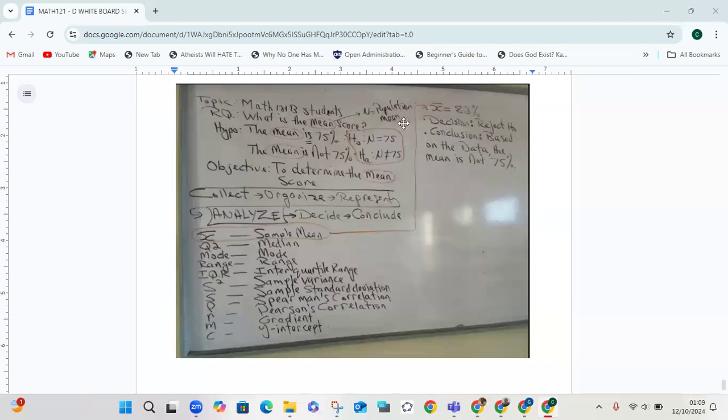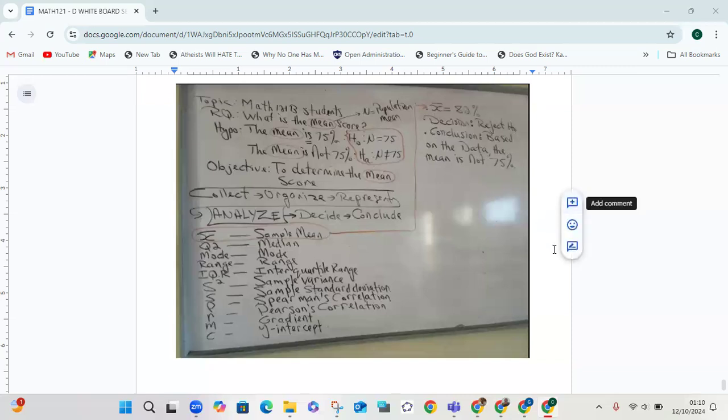Clearly, they are both saying different numbers. So the decision is to reject the null hypothesis. And the conclusion will be the alternative. It's like the alternative has won the debate. So based on the data, the mean is not 75% because there appears to be a significant difference between the two.